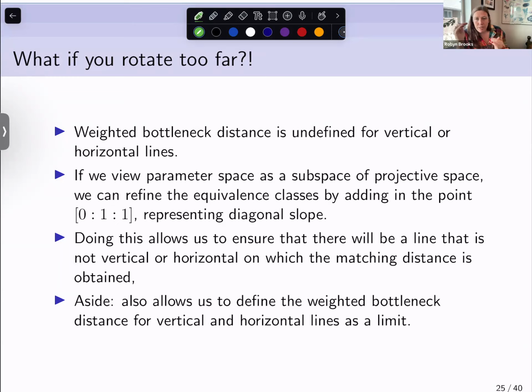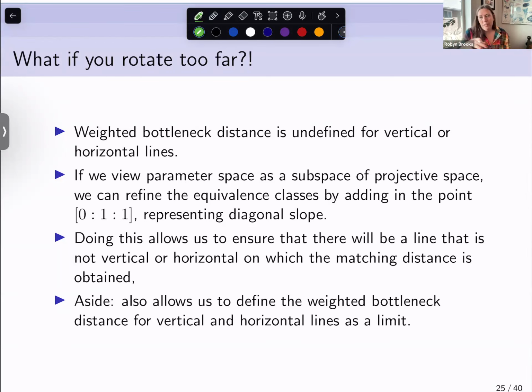So we need to do a slight adjustment here. What ends up happening is we see that we can avoid rotating to vertical or horizontal if I can always rotate towards the diagonal. Okay, so what we end up doing is adding in a point at infinity in the parameter space.